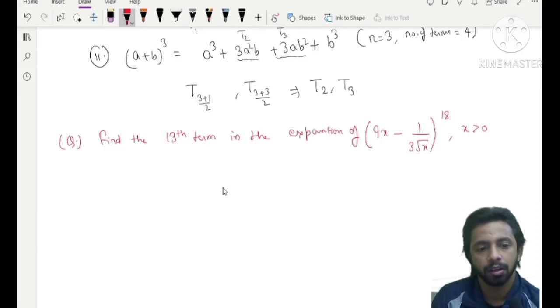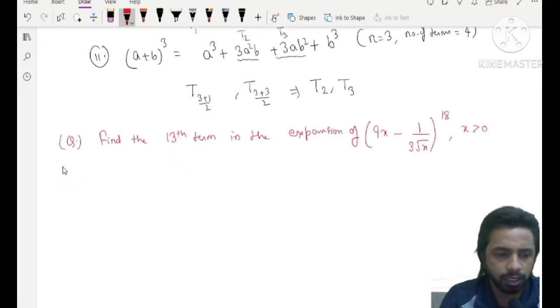Okay, so you have to find the 13th term. This question is not about finding the middle term, you just have to find the 13th term.